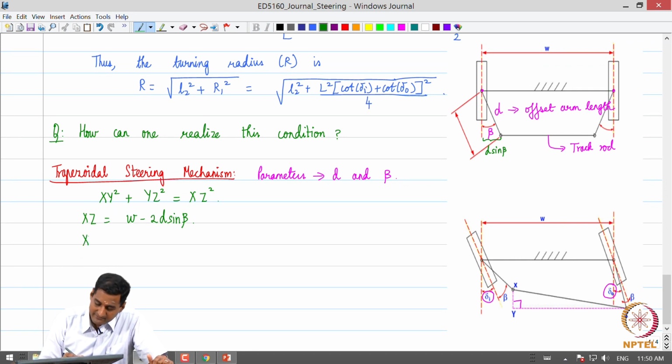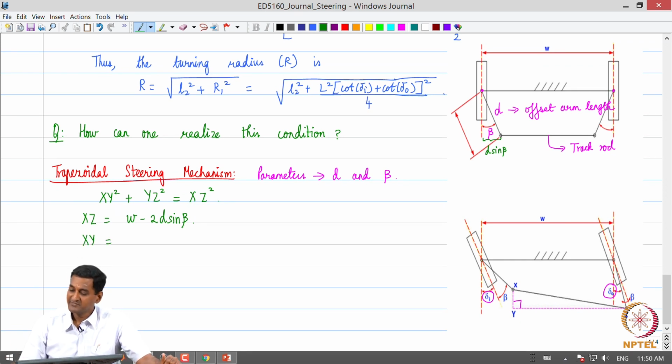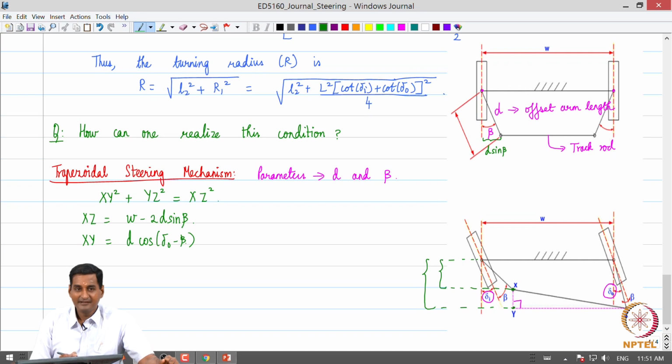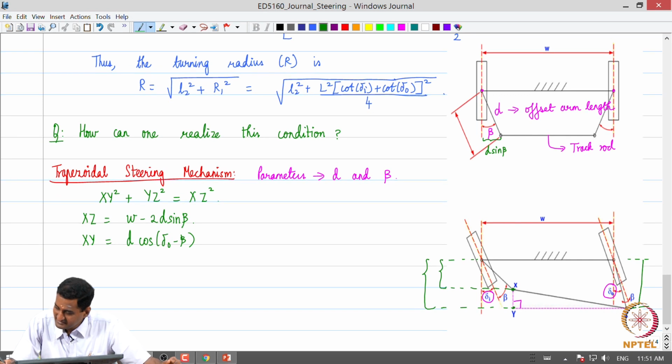Now what about XY? XY is going to be this distance, correct? Now we can project it into 3 parts. So XY is going to be this distance minus this distance, do you agree? What is the bigger distance? You can immediately observe that I can rewrite it as d cos(delta O minus beta). Where do I get it from? It is from here, this distance.